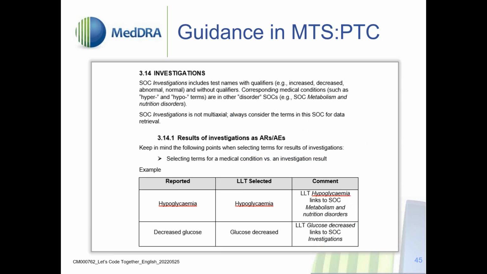We've been told it's not functioning, so it's more of a description of the kidney. As the points to consider says, when it's clearly a test result, you would code it to a term within the investigations. But when it's a condition or a description of the anatomical state, then you would link it into the SOC that relates to the body system.